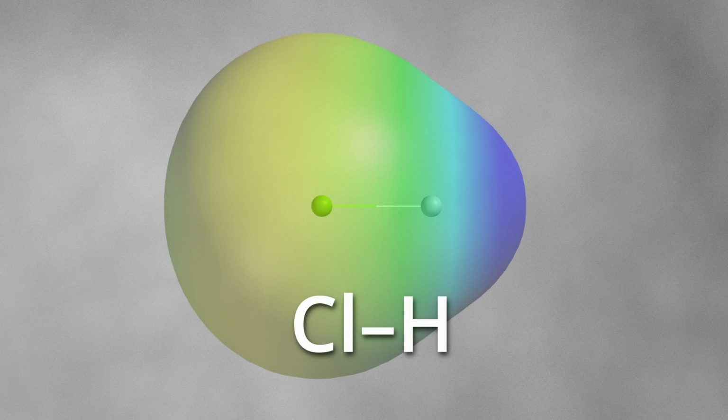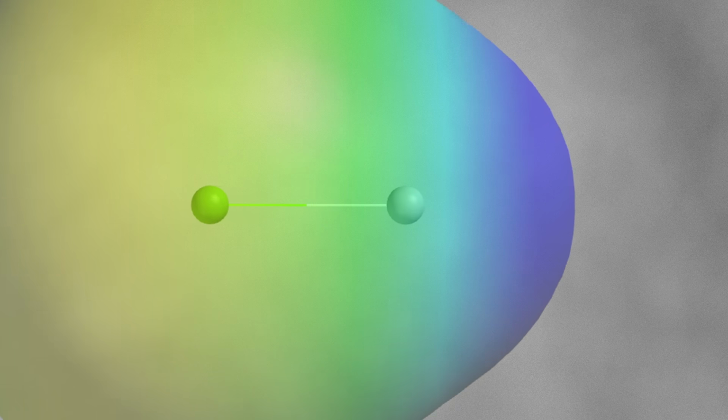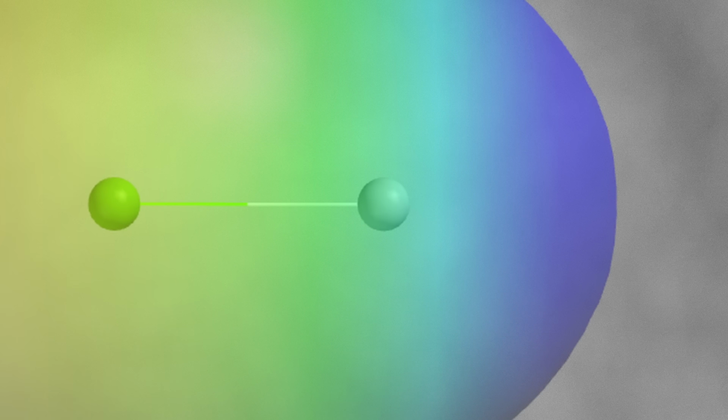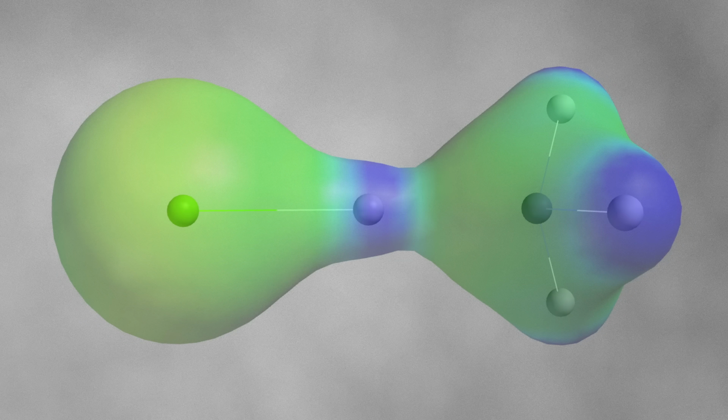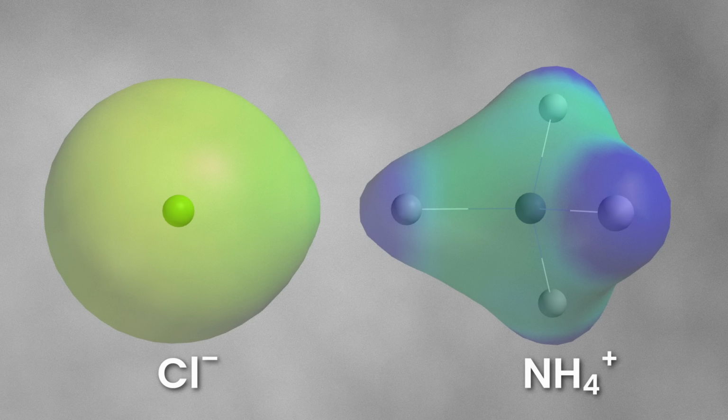But if the proton is bonded to a very electronegative element, such as oxygen or chlorine, then those elements will pull all the electron density to themselves, leaving the proton with a high, partially positive charge density, which means it's unstable and vulnerable to being picked off by an atom that's offering a bigger electron cloud, such as nitrogen.